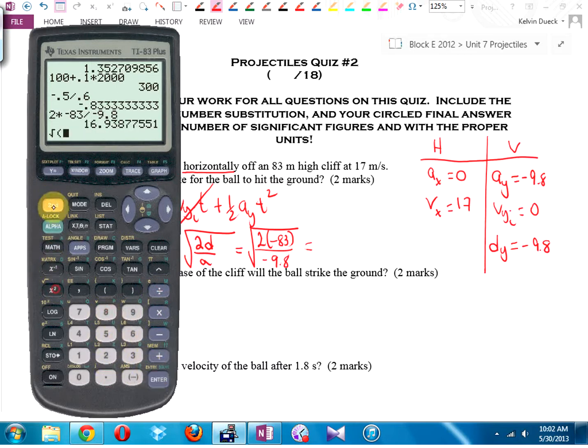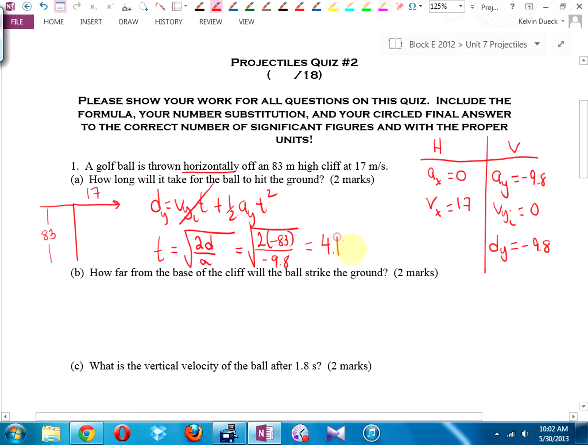Square root, 4 point something. 4.1? So that gets you 2 marks. If I'm giving you part marks, I would say that would get you 1 mark, the numbers a half mark, and a half mark for the answer. If you forgot the units, take a half mark off.